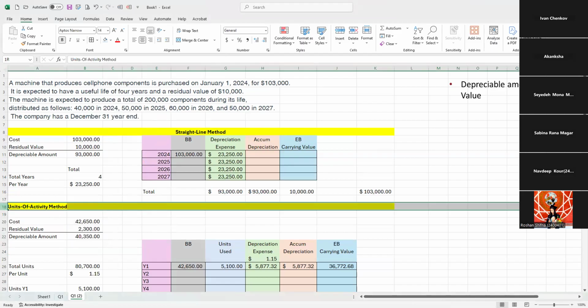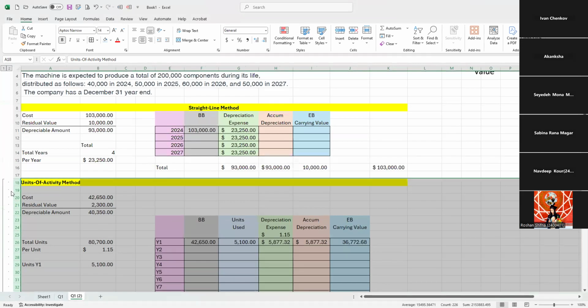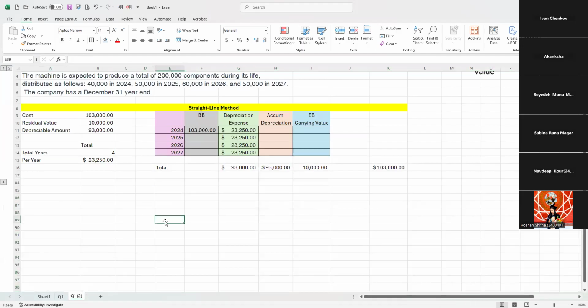Let's get rid of this, otherwise this is going to bother us. For now. Later on, we're going to bring it again. So we get 23, 23, 23, 23, 4 years, 93,000. We're good. We get what we wanted.